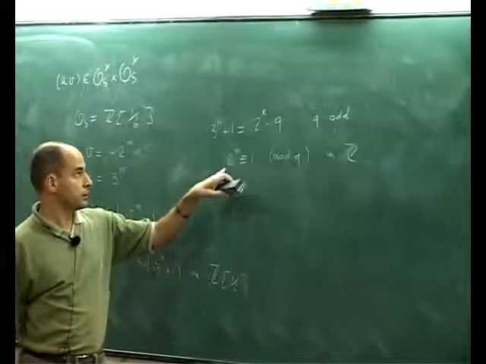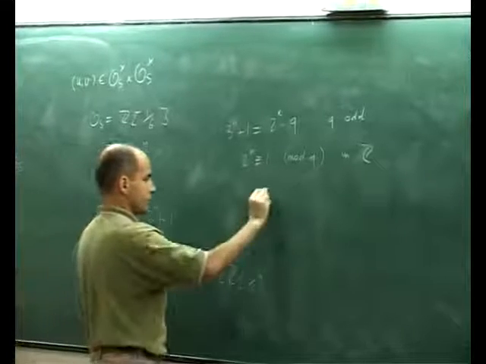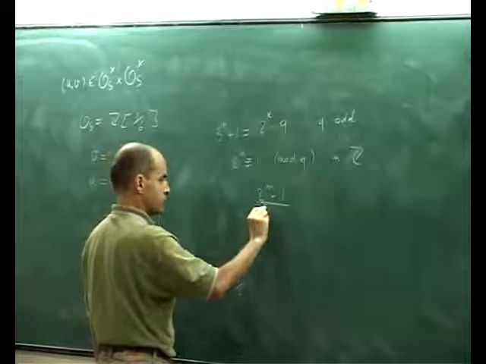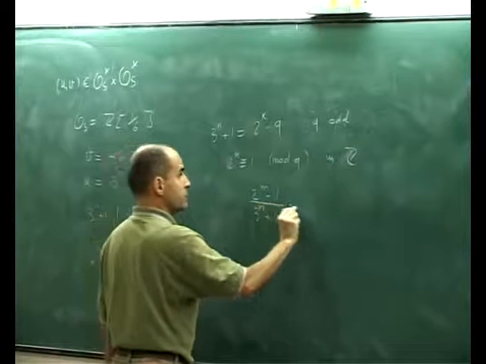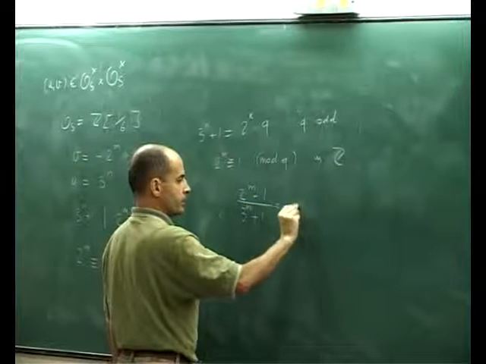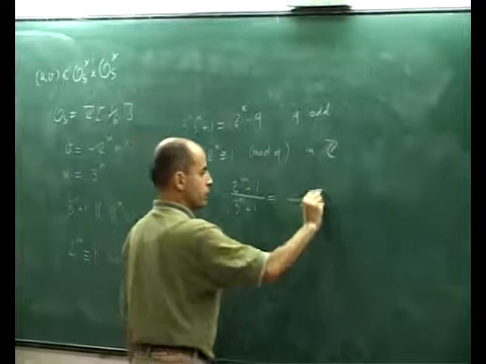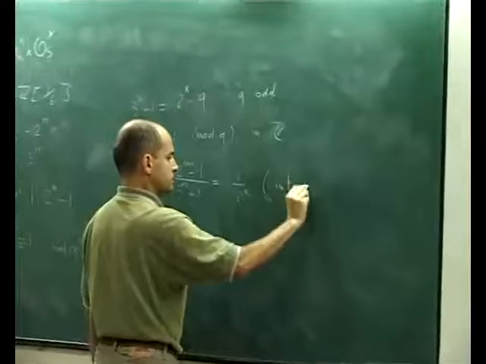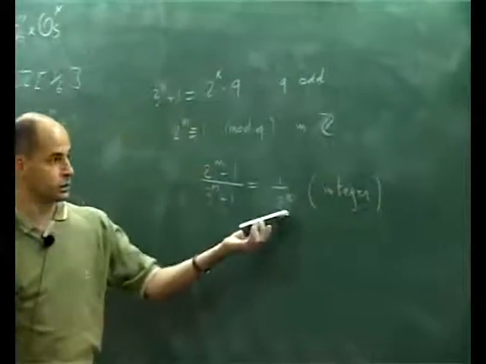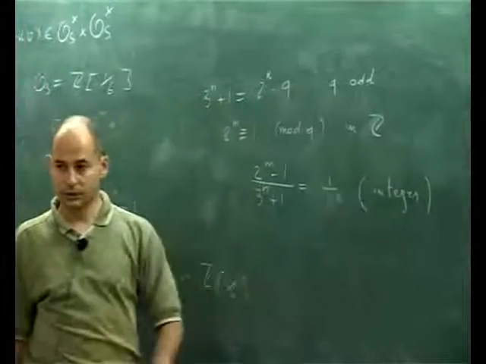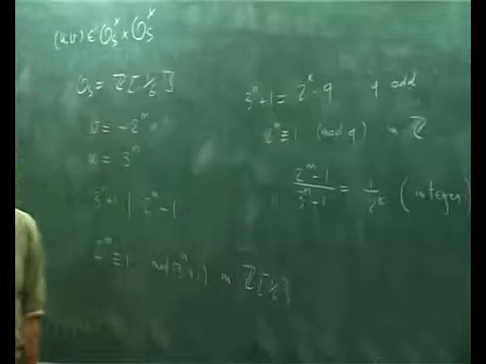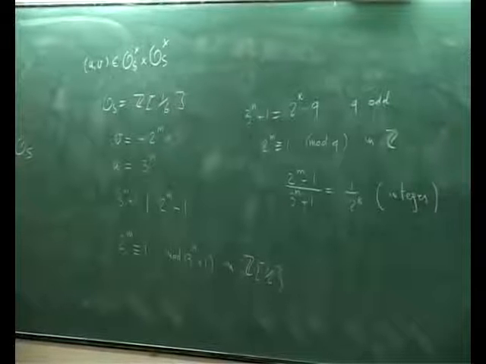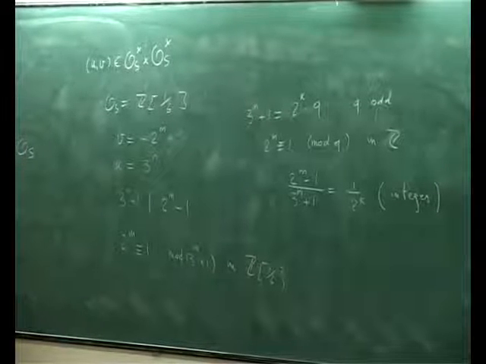So 2 to the n minus 1 over 3 to the n plus 1 will be a power of 2 multiplied by an integer. This power of 2 is a unit in the ring, this is an integer, so the ratio is an integer. So there are infinitely many solutions, and actually it's a Zariski-dense set of solutions.